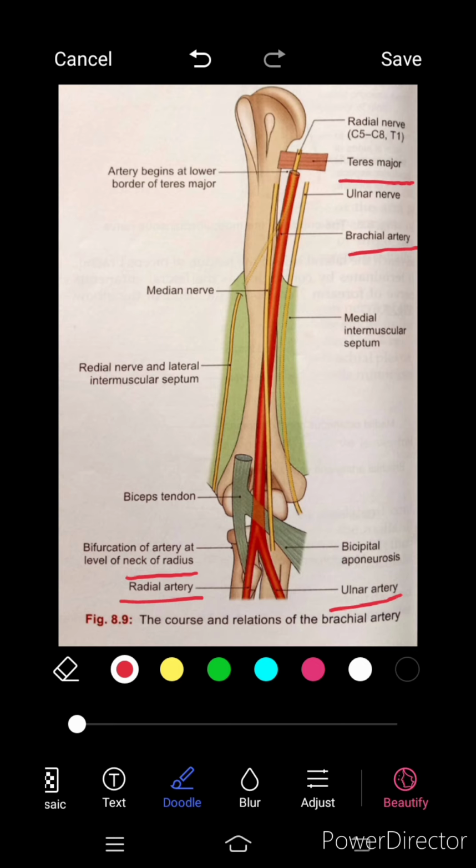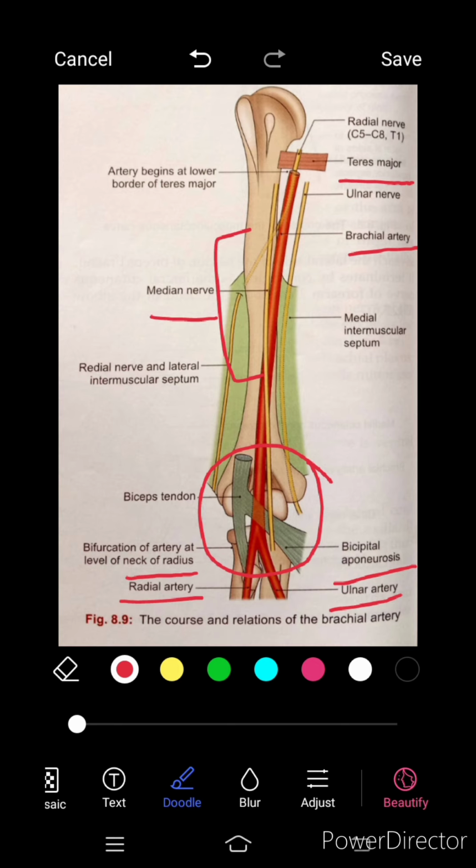Anteriorly in the middle of the arm, it is crossed by the median nerve from lateral to medial side, and in front of the elbow joint it is covered by bicipital aponeurosis and medial cubital vein.